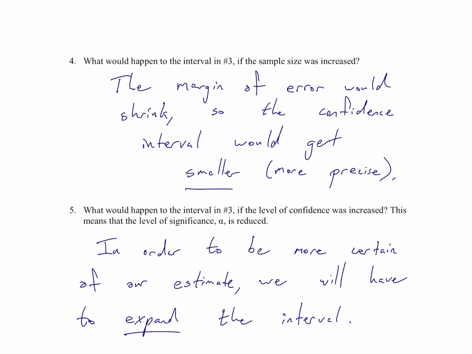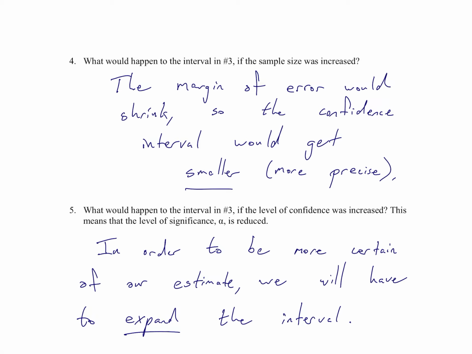It says, what would happen to a confidence interval like the one in part 3 if your sample size is increased? So what happens to a confidence interval if we increase the sample size? Well, what happens whenever you increase the sample size is the margin of error that you have for your study will shrink. And that means that that confidence interval would also appropriately shrink. So you can imagine something like this.